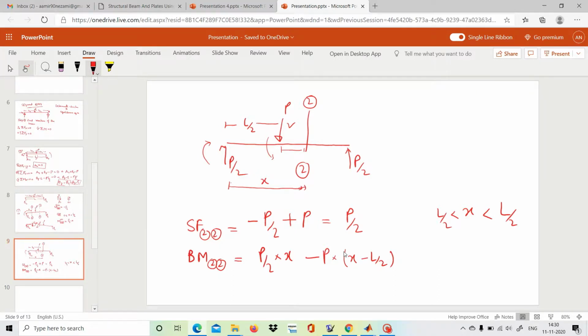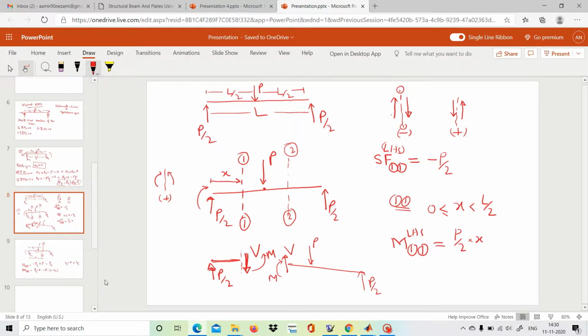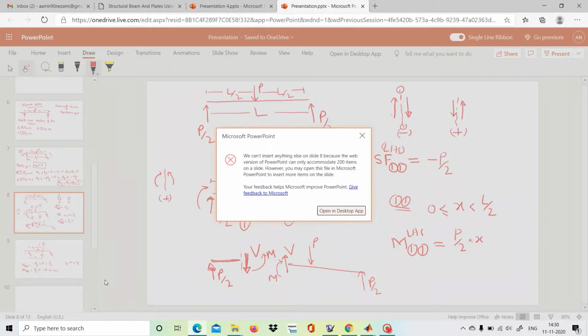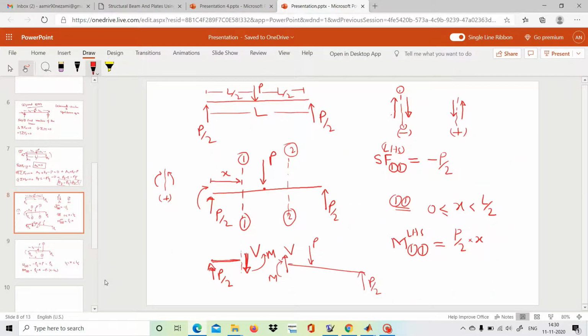Now we can make the shear force and bending moment diagram from here. We have the results here. We can see the shear force at section 1 1, where section 1 1 varies from 0 to L by 2, but the shear force is constant.